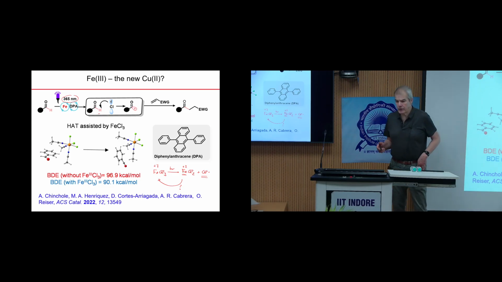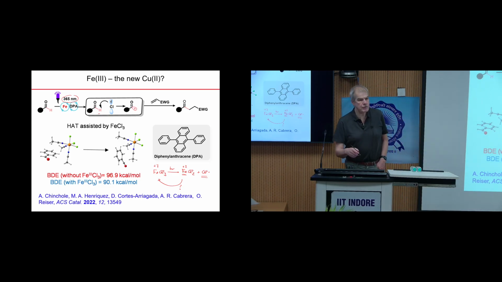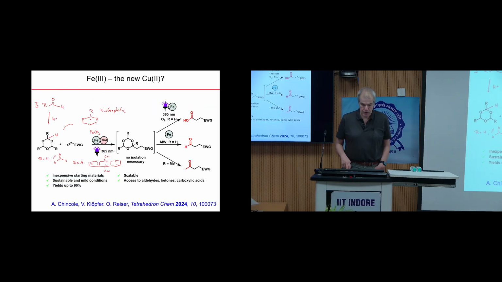It was only working with electron deficient alkenes. And I would like to tell you about that problem a little later as well. But the polarity always has to match. And even with styrenes, these nucleophilic radicals seem not to match any longer. I nevertheless will tell you that there might be ways to go around this.